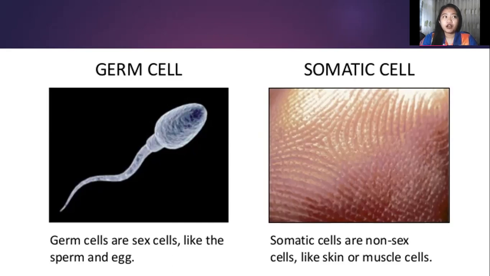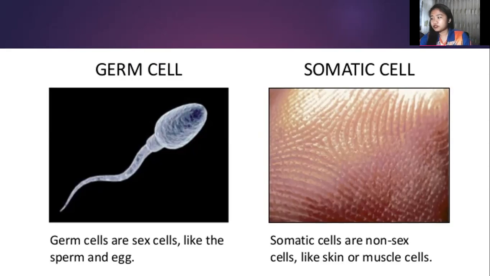That's why in meiosis they reduce the number of chromosomes to half, so that when the two sex cells undergo fertilization, they will make the total number of chromosomes for humans.